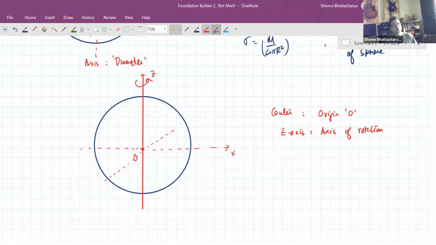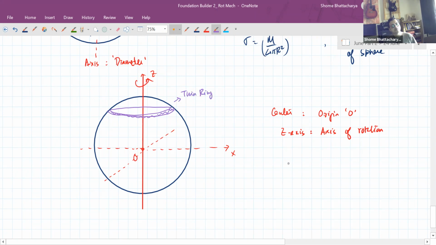So then what we will do is we will slice thin rings like this using a plane which is parallel to the xy plane or perpendicular to the z axis. That is our differential element. So this is a thin ring.